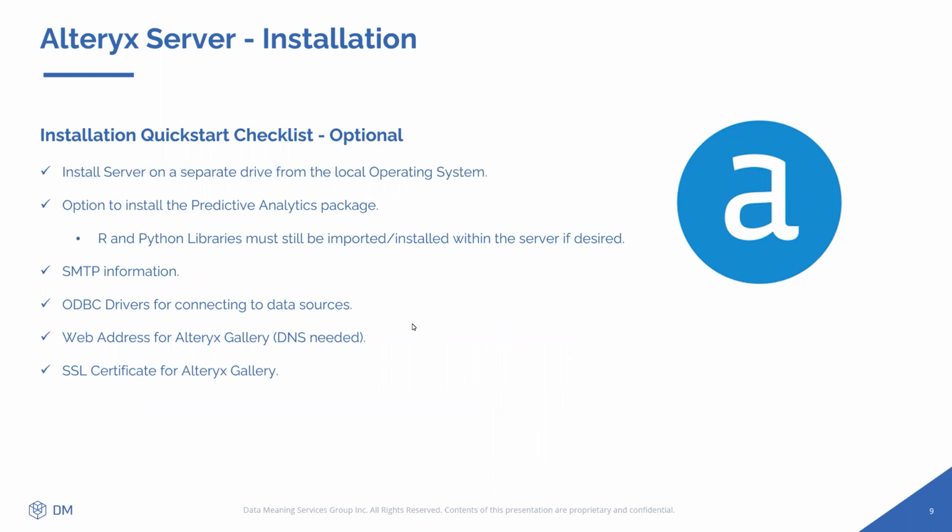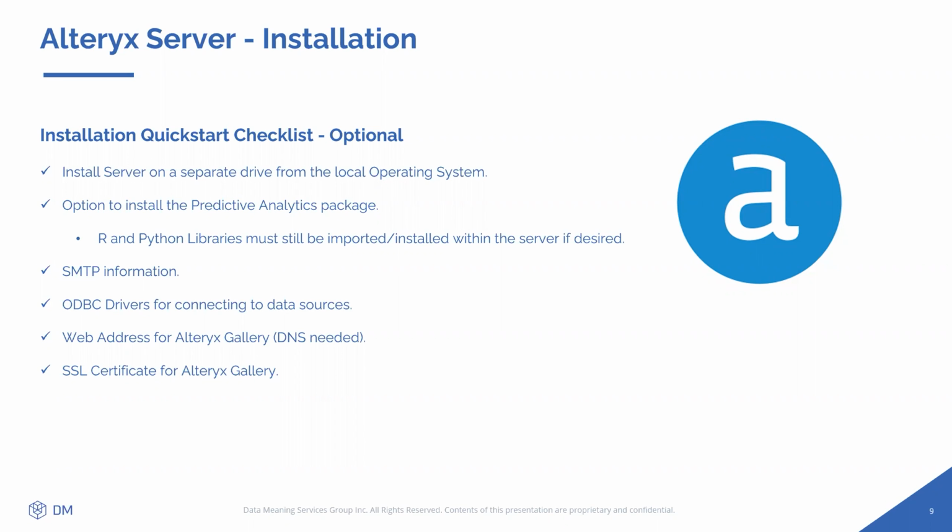And also we have the checklist that is optional, but can be very handy at the moment of this installation if we know that we must have this information and we want to use it. So for example, the best practice is knowing that we must install the server on a separate drive from the local operating system.